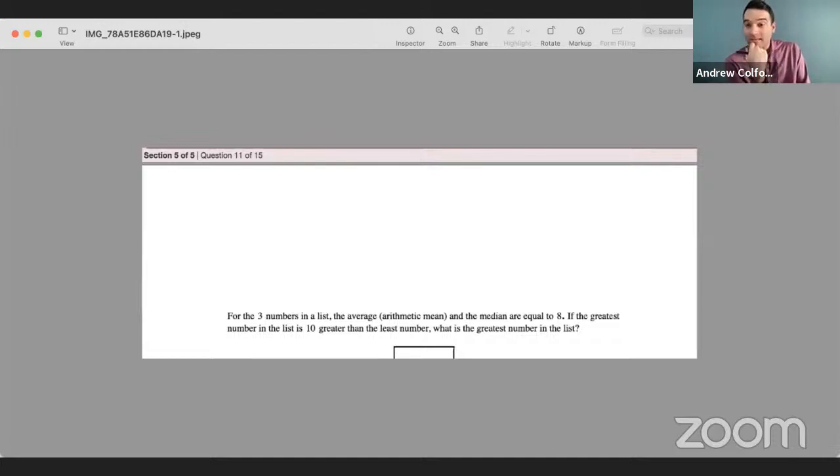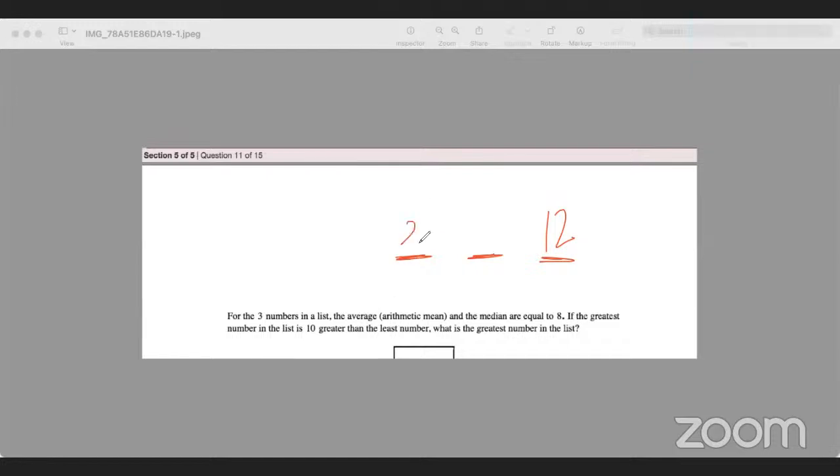S, throw out a number here. Any number. 12. So I'm going to say that the greatest number in this list is 12. What is the least number in the list then? 2.